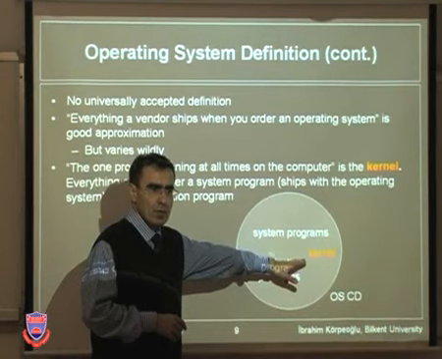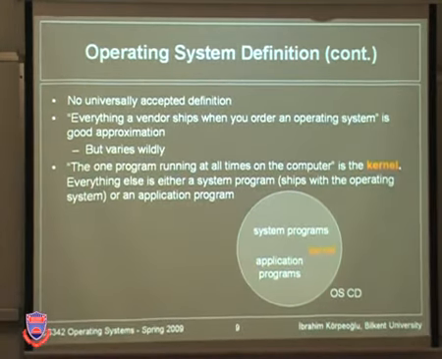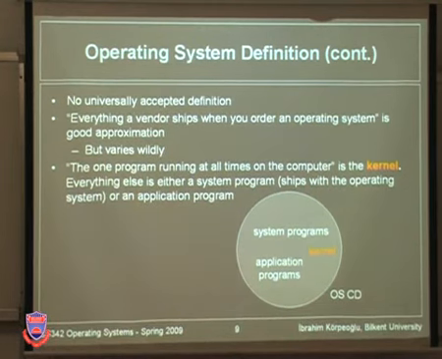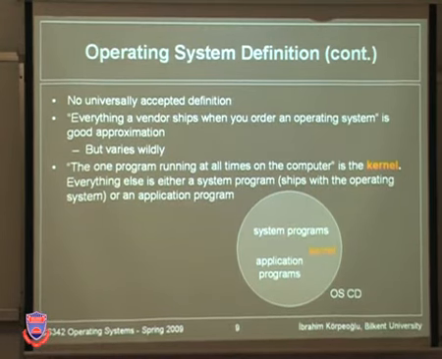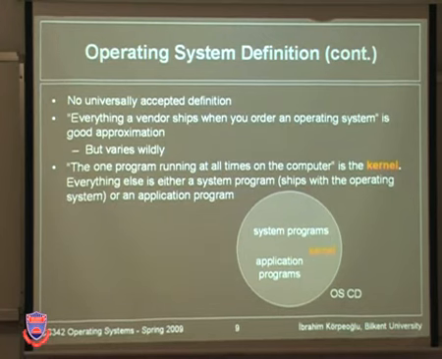We will see in this course how that is designed. The one program running all the time in the computer is the kernel. Everything else is either a system program or an application program that you can also install after installing the kernel on the system.